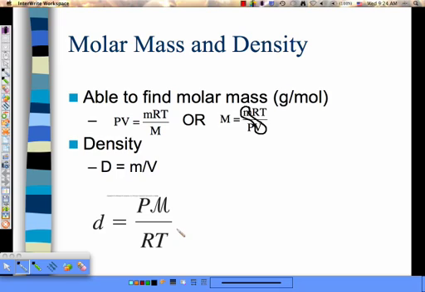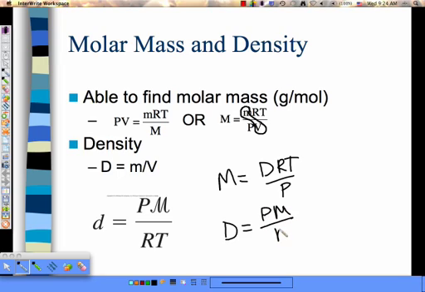That would equal density. So that's how we would have M equals dRT over P. They rearrange for density, so D would equal PM over RT, and that's how we get that equation right there.